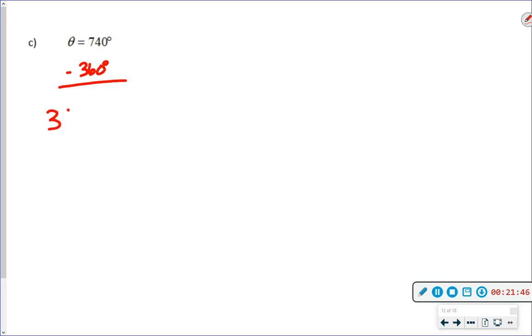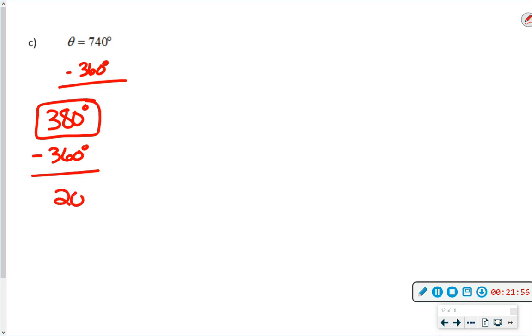There's my positive answer. But if you take 360 off again, take another circle, you're going to have 20. Do you have, look closely, a positive and a negative answer? You could give me this for your positive also. That's why it says there's many correct answers.